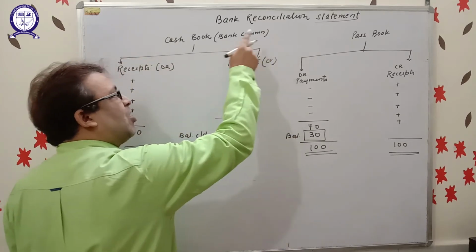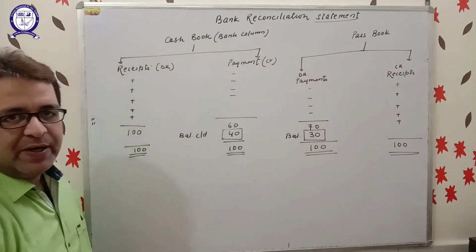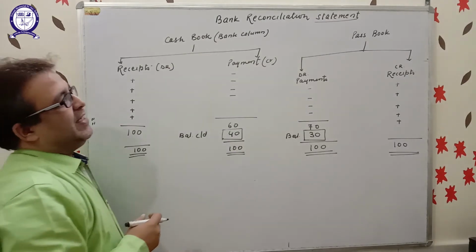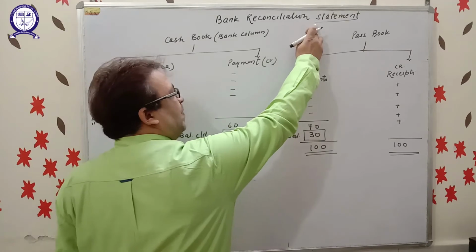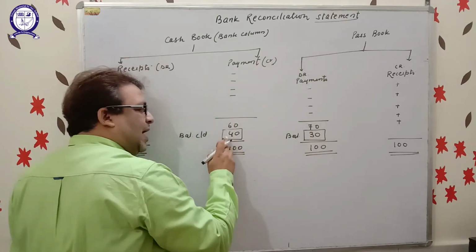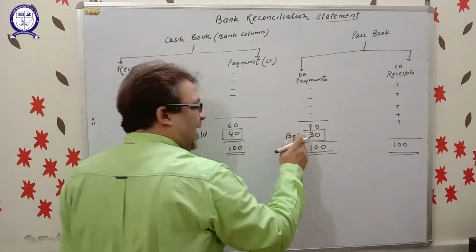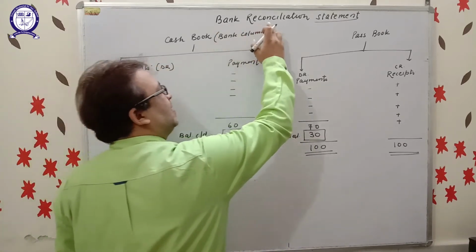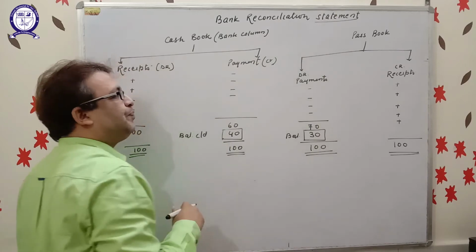This statement is called bank reconciliation statement. So what is a bank reconciliation statement? A statement which is prepared to reconcile the cash book balance and passbook balance is known as a bank reconciliation statement.